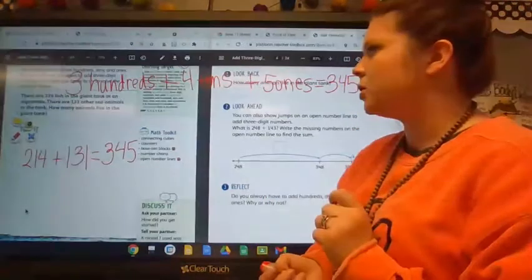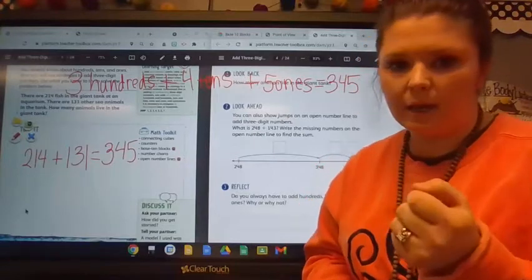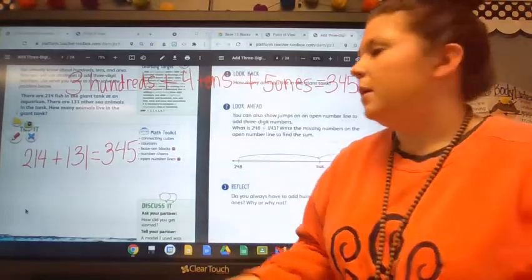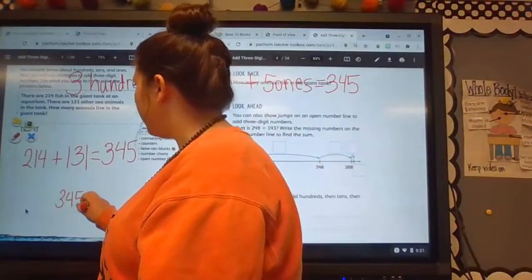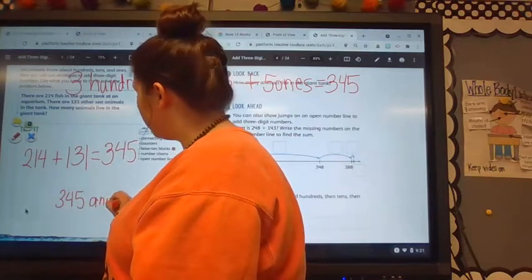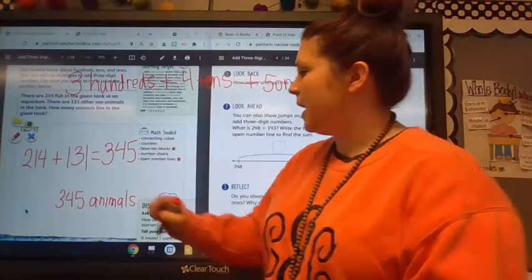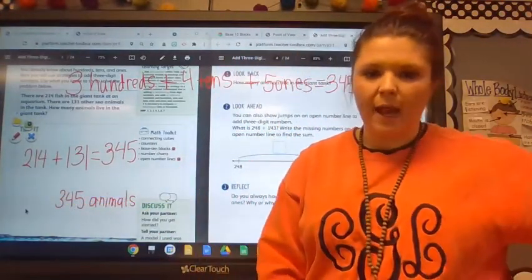So now we need to answer our question. How many animals live in the giant tank? 345 animals. Okay? So how many animals live in the giant tank? 345 animals. Remember, don't forget that unit.